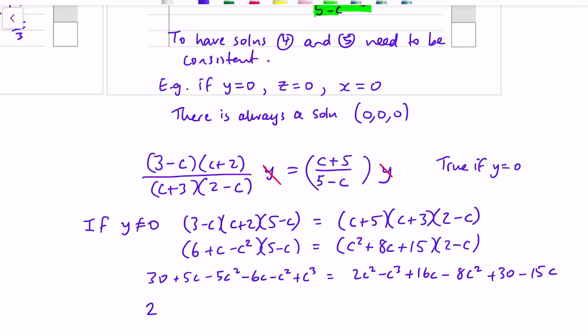So we've got 2c cubed, dealing with that term and that term. We've got minus 6c squared on the left-hand side, minus another 2 is negative 8. So the c squareds actually cancel. In terms of the c's, 5 minus 6 is negative 1. Minus 17 plus 15 is minus 2c. And then the constants, 30's cancel, so we get that.